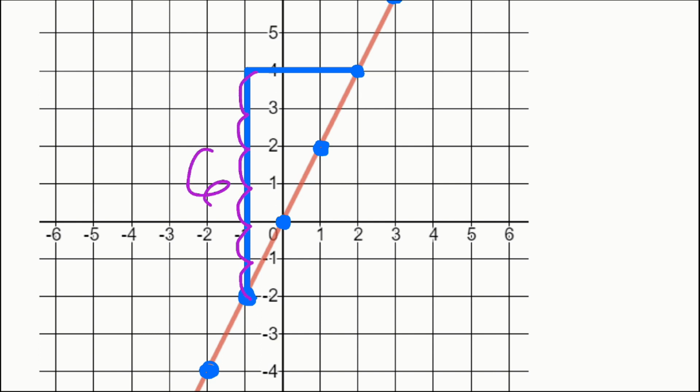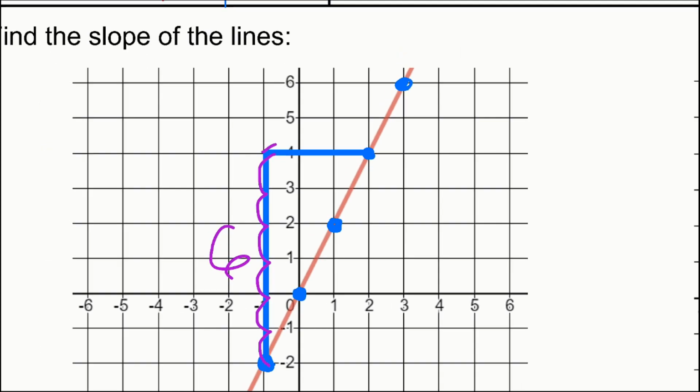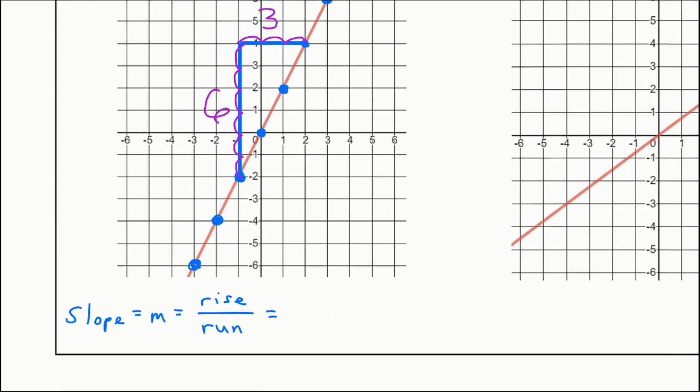We're having a vertical change of 6. Once I hit that corner, you'll start at that corner and count. So you go 1, 2, 3. Okay. So my rise is 6. My run is 3. When I take 6 divided by 3, I get a slope of 2.